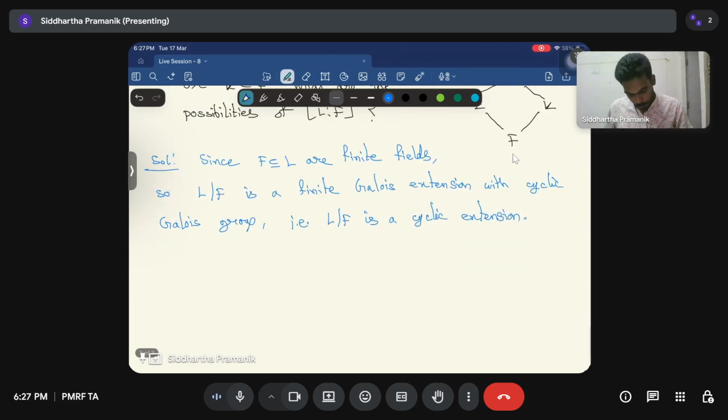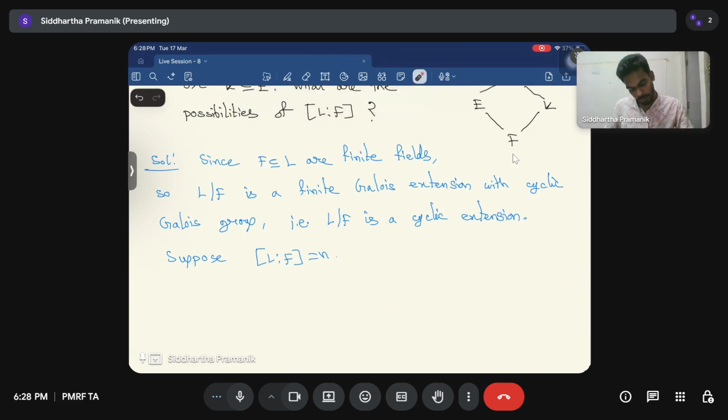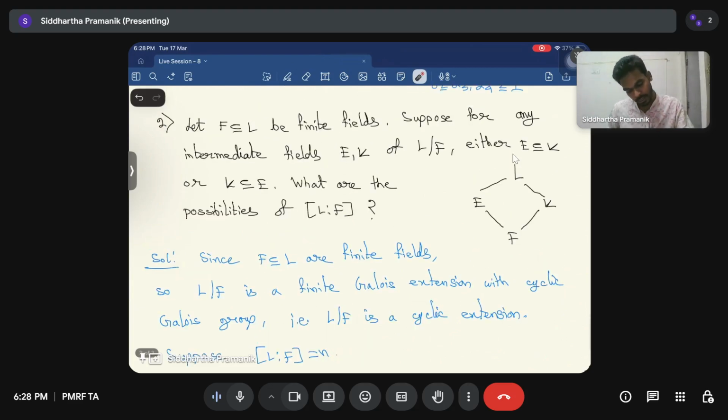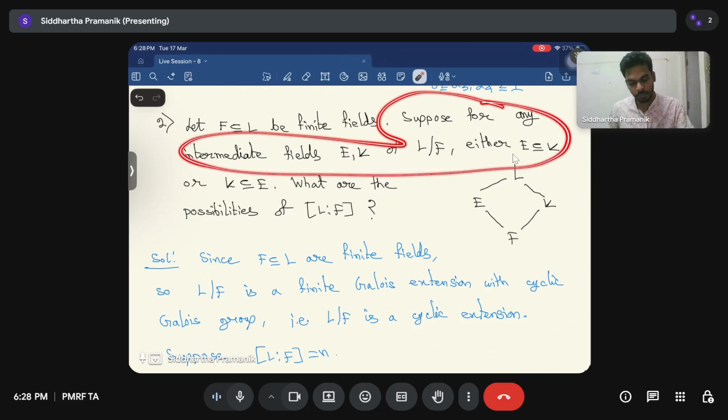So suppose the degree of this extension is n. So we have to find the possibility of this n, right? What can be this n? So one trivial observation is if n is 1, then it has no other intermediate field. Then this condition holds trivially because we have no intermediate field.